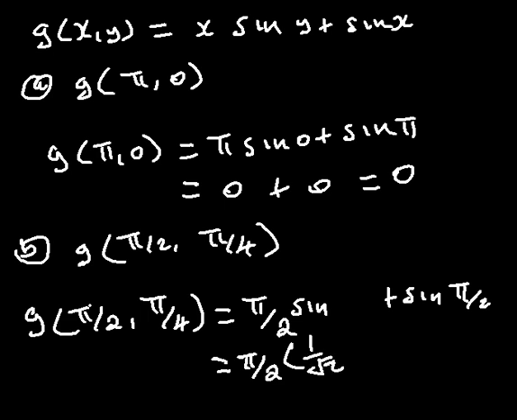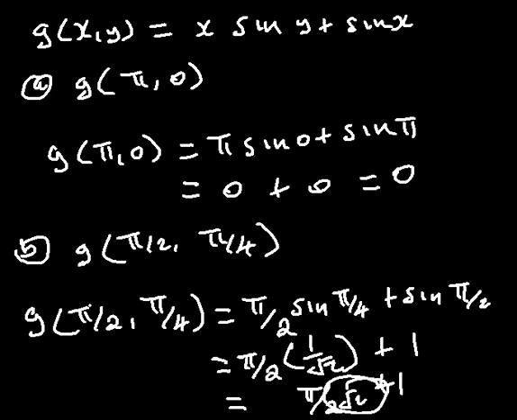That is the value of sine of pi over 4. And plus, what is the sine of pi over 2? That is 90. So sine 90 is the same as 1. So in this case, we'll have it as 2 times the square root of 2 over 2, plus 1. Then you can proceed from there.